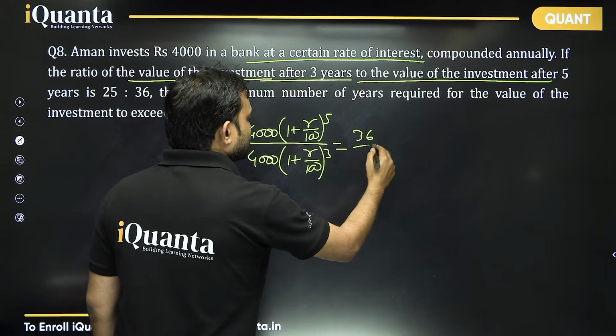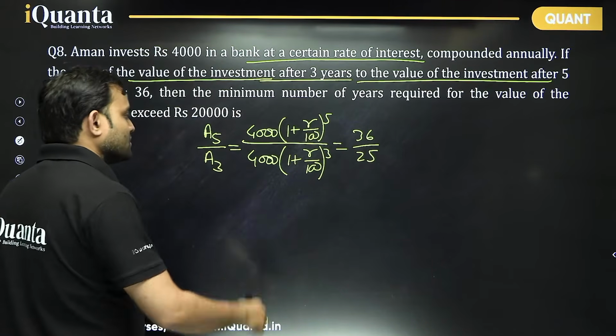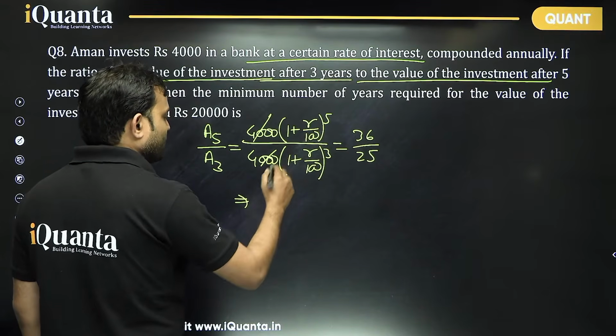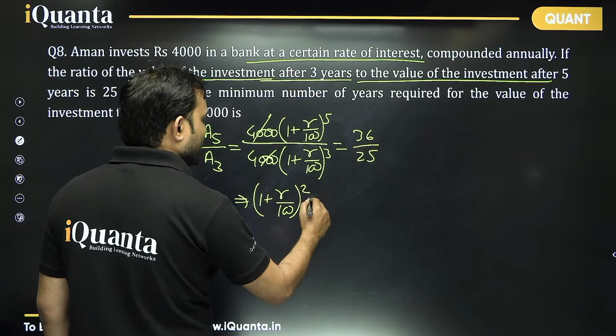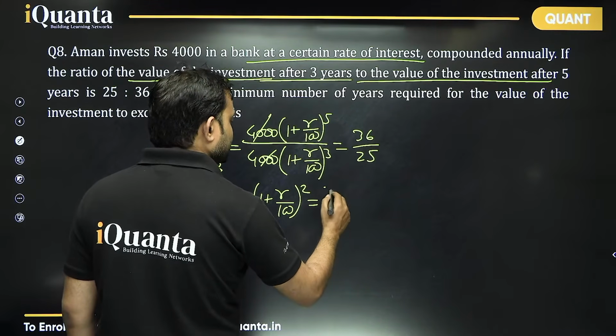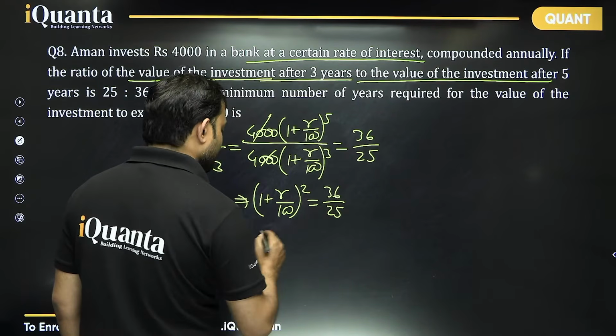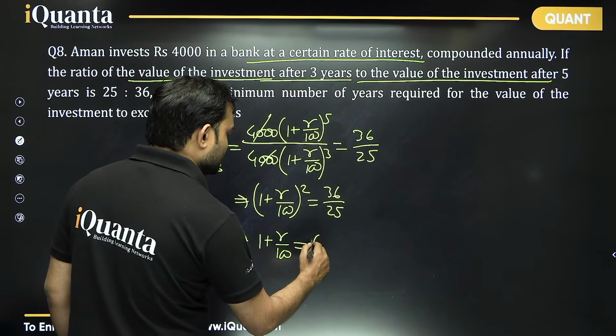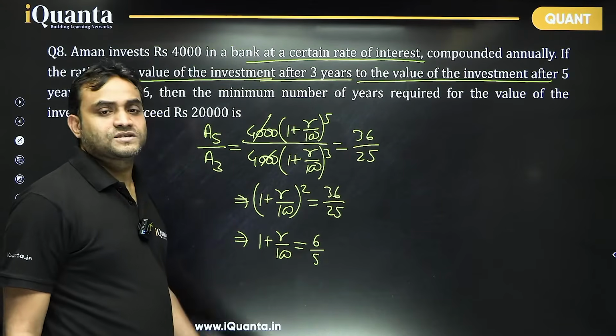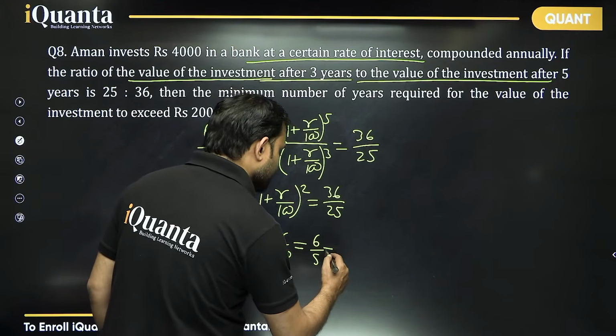This is equal to 36/25. So solving this, we get (1 plus r by 100) square is equal to 36/25, or 1 plus r by 100 is equal to 6/5. 6/5 is nothing but 1.2, right?